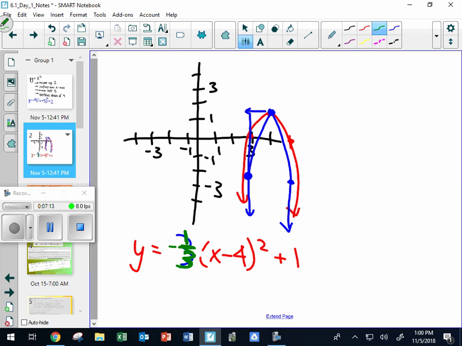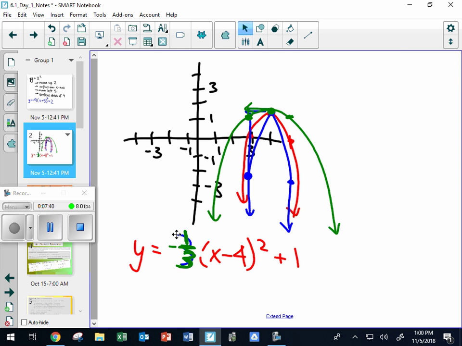Because we're dealing with a fraction now, if we start from this same point and you go over 1, how far down are you going? Just a 1/3, right? It's just like this little tiny part here, okay? So you're just going over 1, down a 1/3. So your graph is going to look more like this. Would going over 1 and down a 1/3 be the same thing as if I went over 3 and down 1?